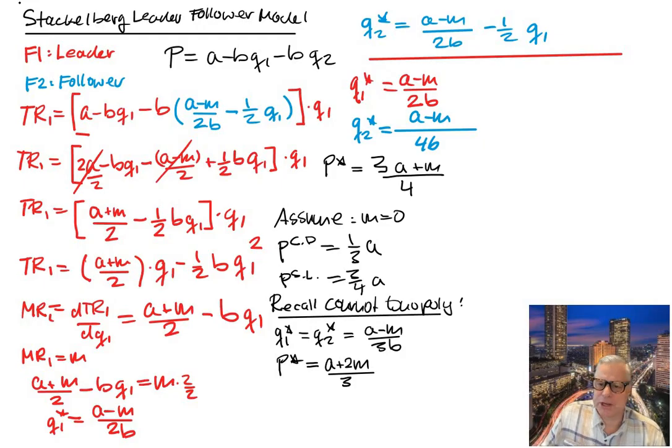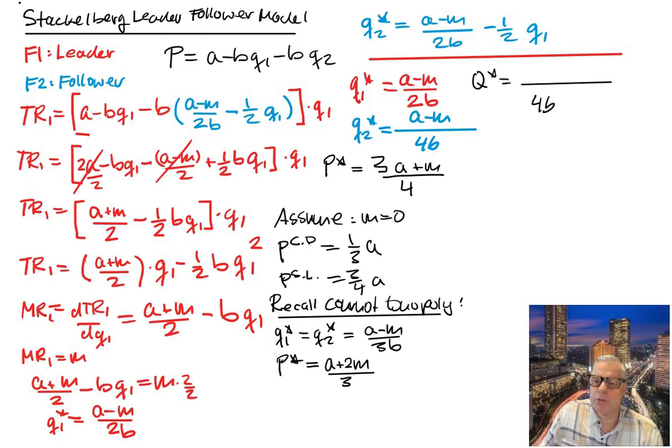So let's double check. What's the total quantity? So Q total. Well, let's get everything again over 4B.